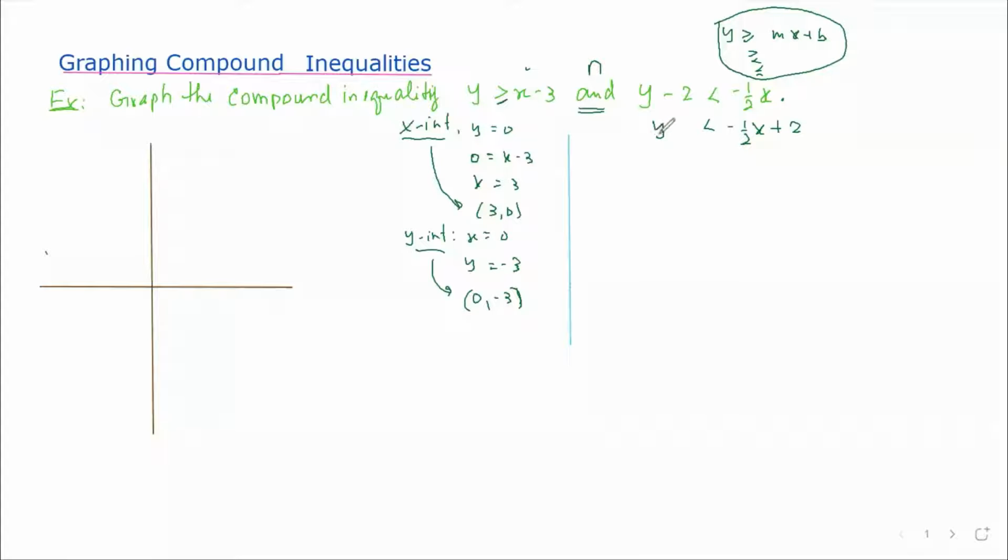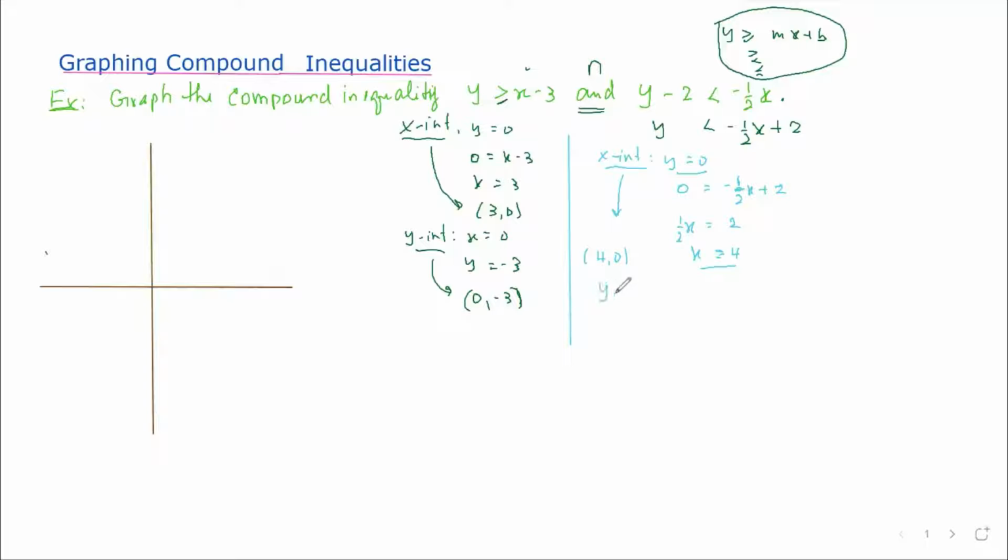For this one, find the x intercept: y equals 0, so the right side becomes 1 over 2 x plus 2, then x becomes 4. The x intercept pair is x 4, y 0.